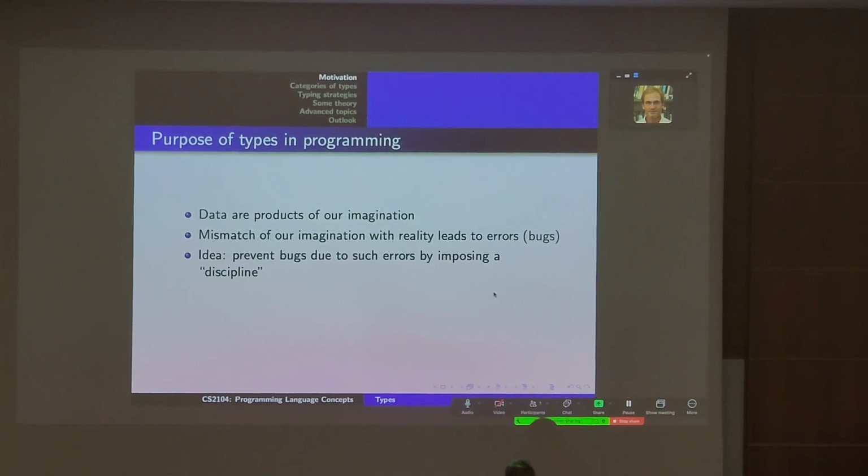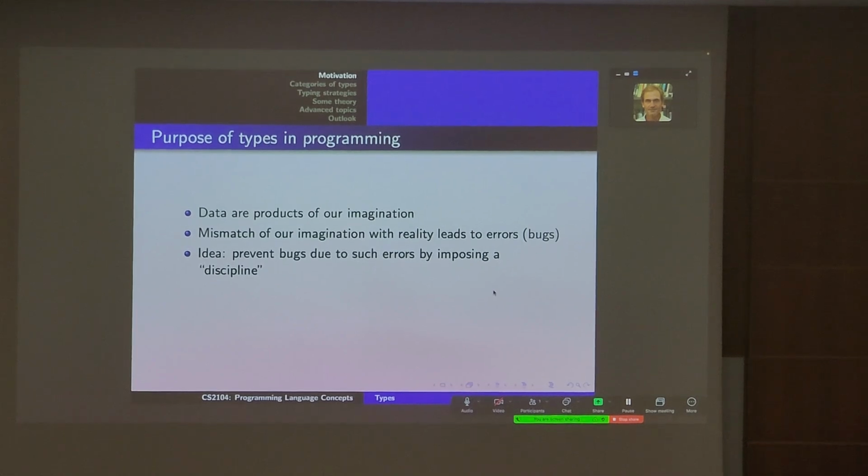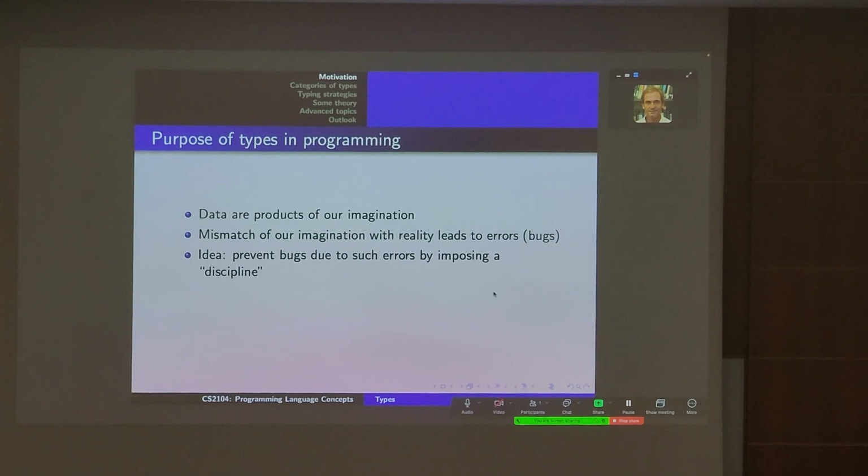So the idea here is to prevent some kind of bugs, the bugs that result from this mismatch between our imagination and what happens in the computer, at the right time. We prevent those bugs by imposing a discipline. We're imposing a type discipline on different kinds of components of this whole process.